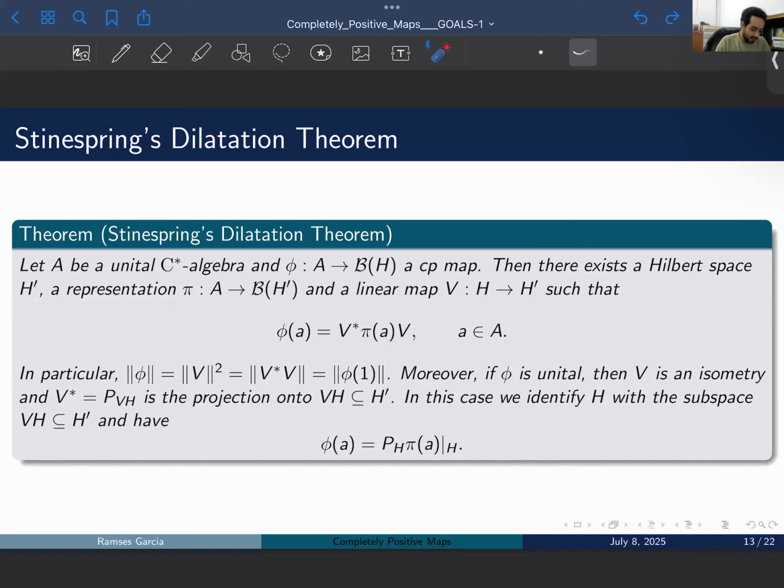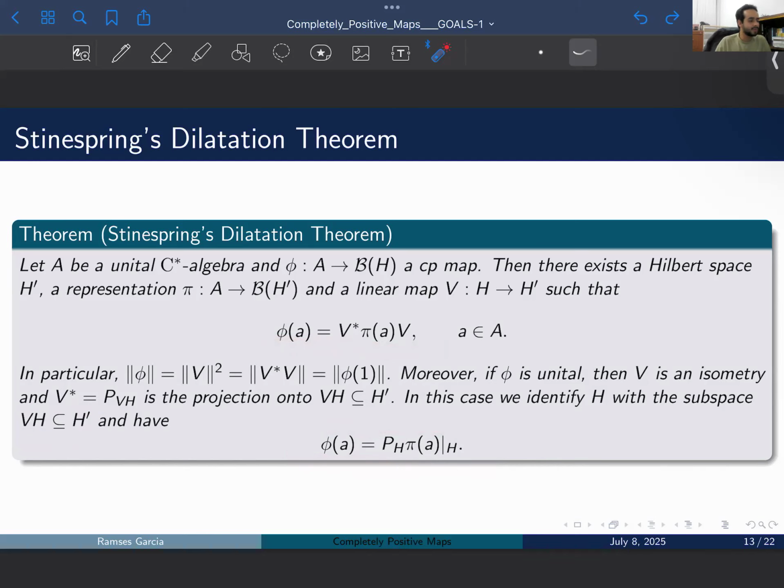In particular, we have this information for the norm of phi, and when phi is unital, V is an isometry, and V star is the projection onto this space. In this case, when phi is unital, we can identify H with a subspace, and this is written in the following form.